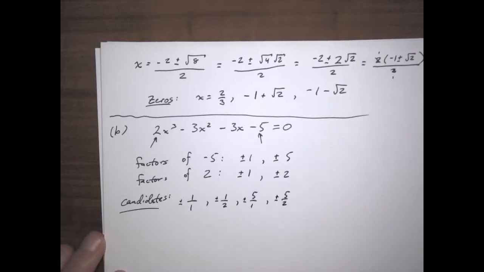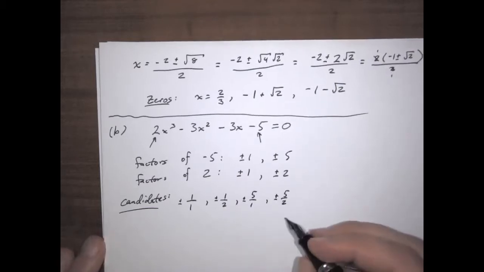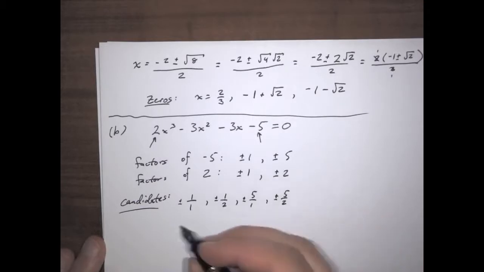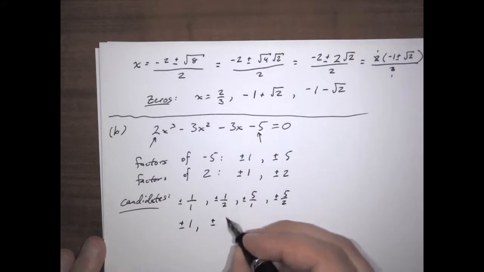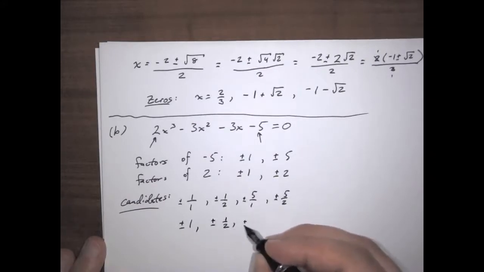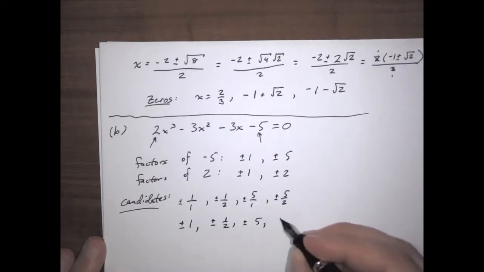Now, let's say I had a burst of sudden inspiration, and I decide I'm going to try this one first. So, by the way, these are just really plus minus 1, plus minus 1/2, plus minus 5, and then plus minus 5/2.